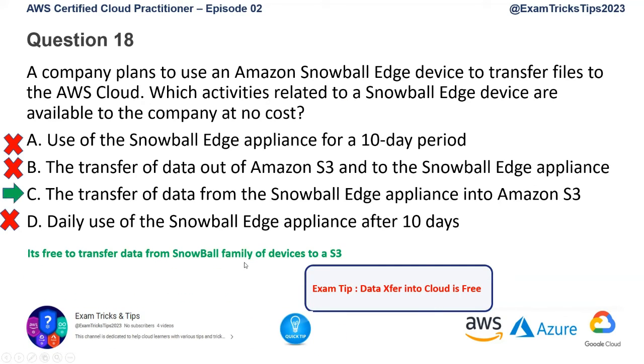The rest of the options are incorrect because they're not accurate, or they don't really make much sense. So it's free to transfer data from Snowball family devices into S3. So that's the answer, and option C is your answer for question number 18.